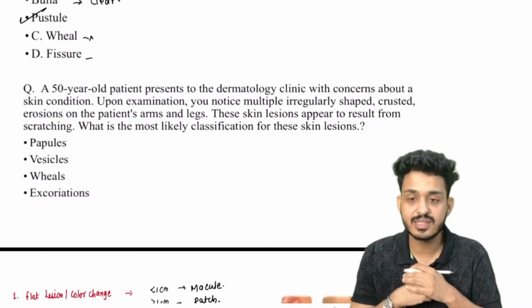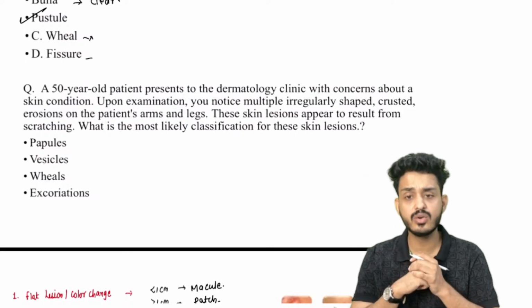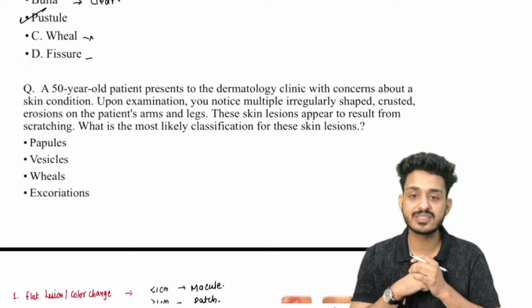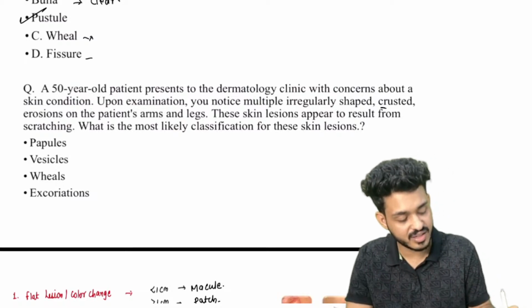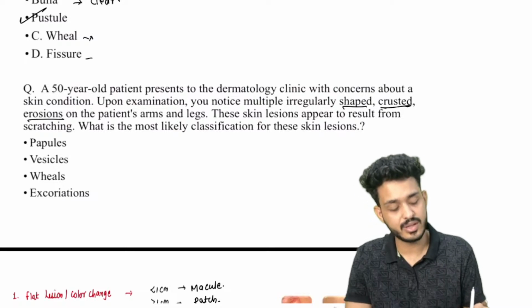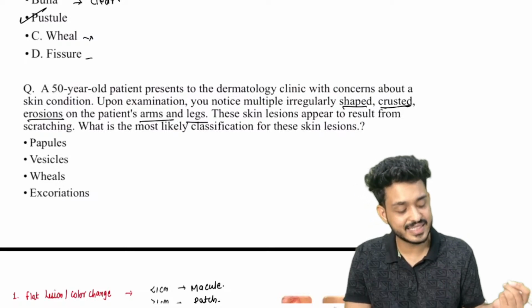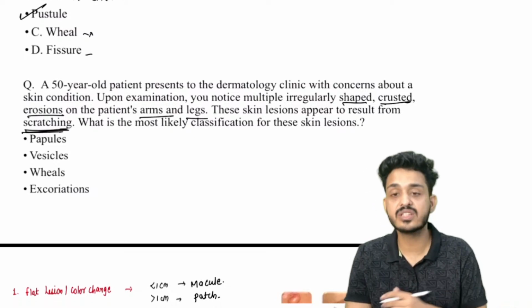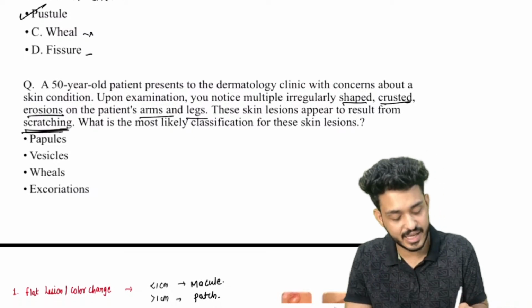Now try to answer this question. A 50-year-old patient presents to the dermatology clinic with concern about a skin condition. Upon examination, you notice multiple irregularly shaped crusted erosions on the patient's arms and legs. These skin lesions appear to result from scratching. Scratching means trauma, a secondary trauma.